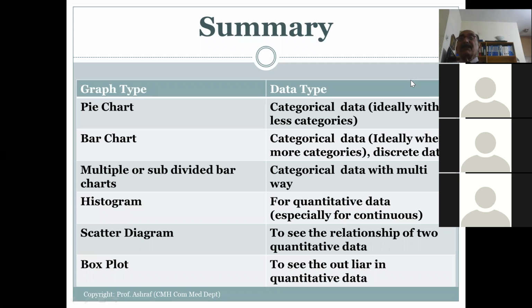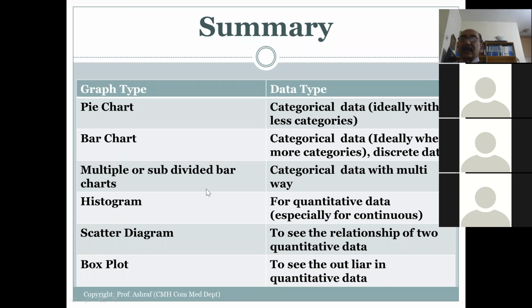If you have a categorical data and ideally fewer categories, not more than 5 or 6, you make pie chart. If your data is categorical and ideally more categories, then you make the bar chart. If your data is categorical with multiple ways, you want to see the association, then you make the multiple bar chart or subdivided bar chart.